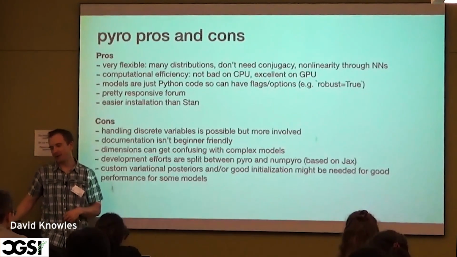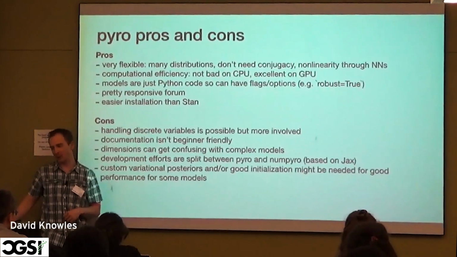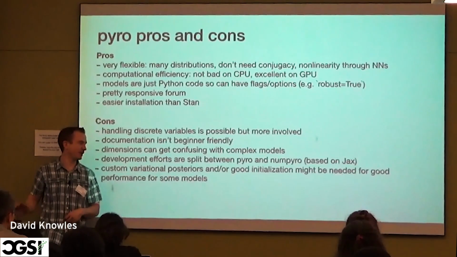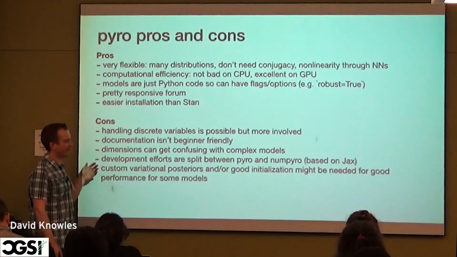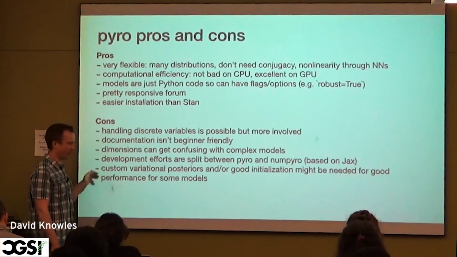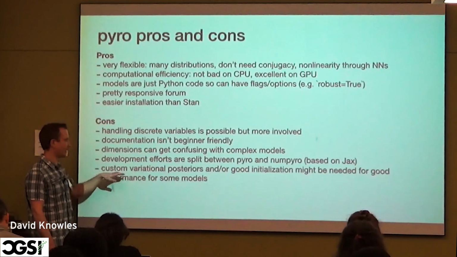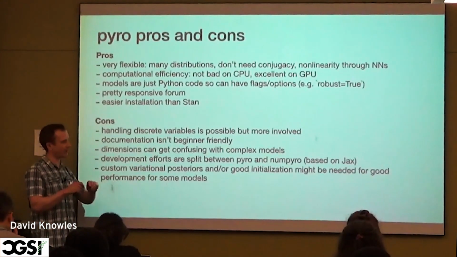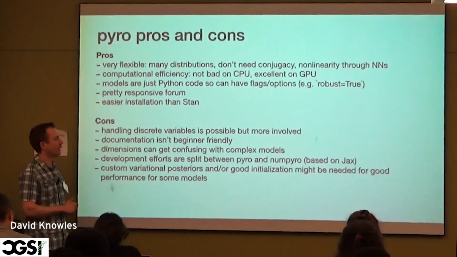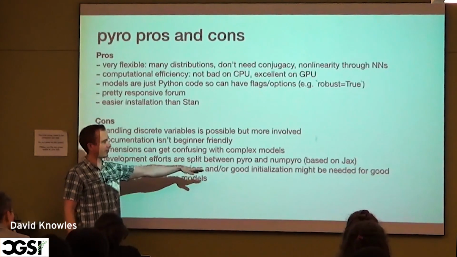And then sometimes to get models to perform well, you need to do a bit more work. But honestly, if that was the case, I think it was just always going to be a hard modeling problem. So you can make custom variational posteriors that represent some correlation in the posterior. And I mentioned good initialization is often really important.